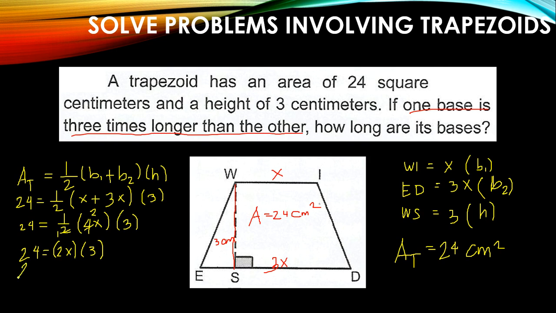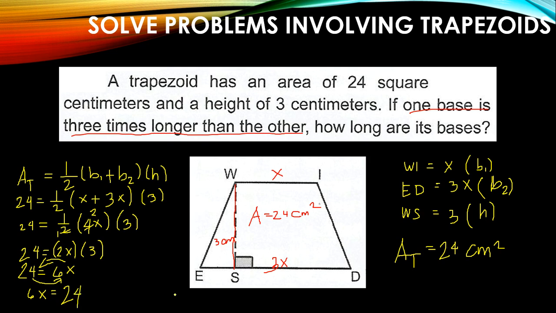Then 24 is equal to 2x times 3, so that's 6x. We can interchange and move this to the right. So that becomes 6x equals 24.